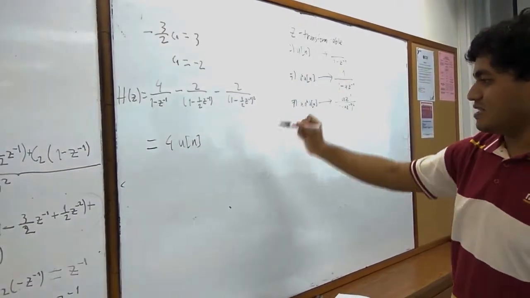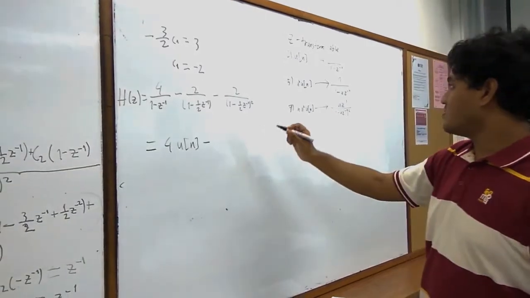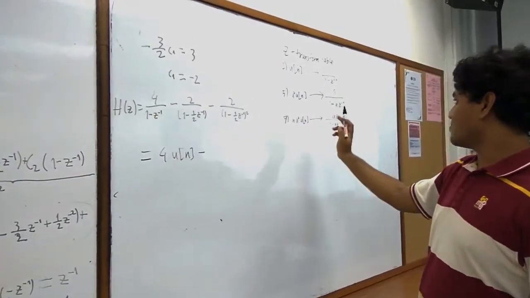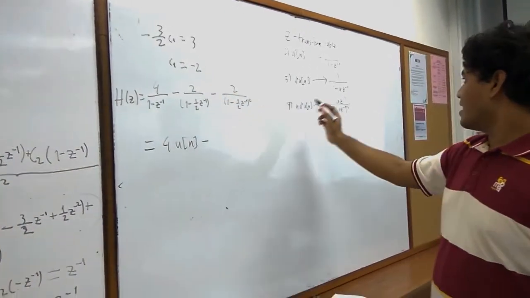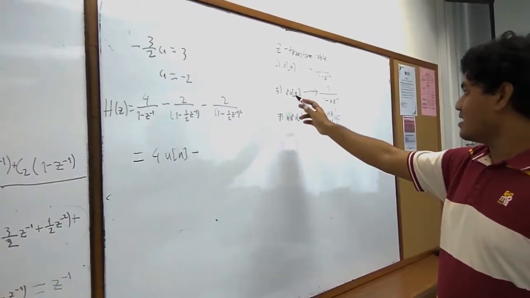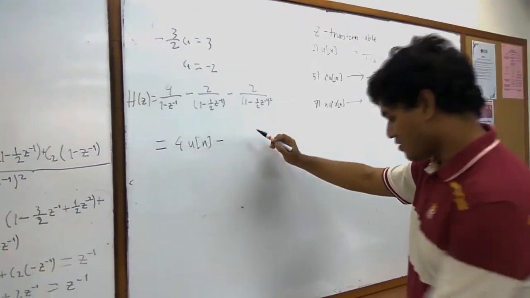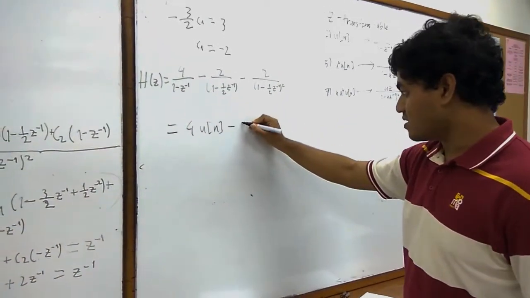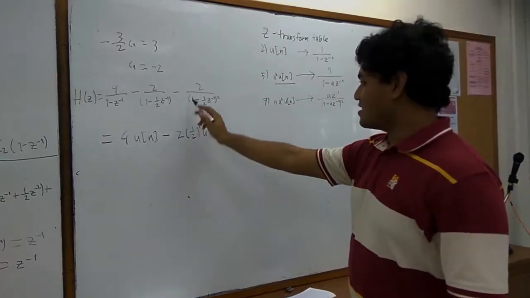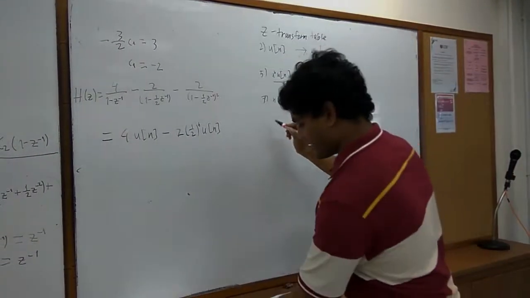And then you can just place this function. And then for this one, we need to use the fifth rule. So we take out the 2, and then you have 1 here. Then we can use this function. In this case, the a is 1 over 2. Therefore, our inverse is for this one, and for this, we use number 7.